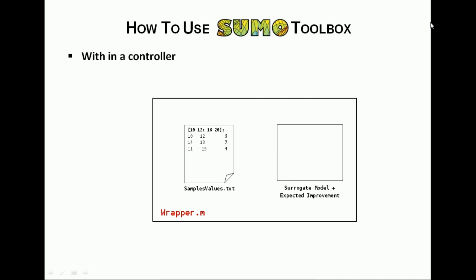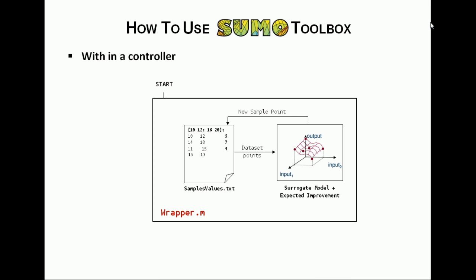For this option, everything is included inside a MATLAB script, and this script reads a file which contains experiment datasets and starts the surrogate modeling. After the modeling is finished, the tool applies the EI criterion, the one we have discussed earlier, and it will provide us with the next sample point. This is one iteration of the optimizer.